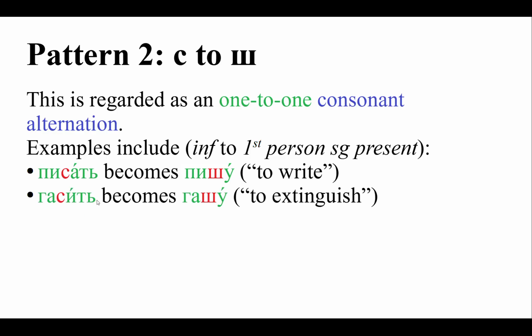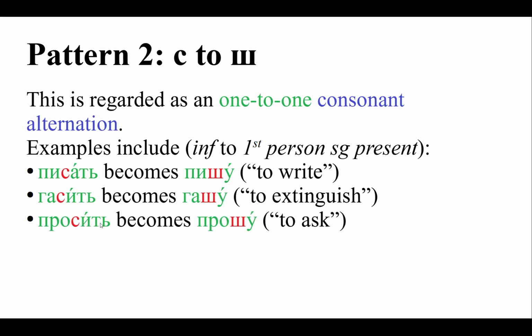Gasit, to extinguish, to put out a fire, becomes gashu. Prosit means to ask, and it changes to proshu, meaning I ask. So you can see s changes to sh, and s in prosit changes to sh in proshu.